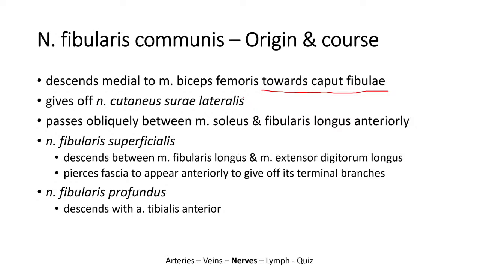Again, we just discussed it. This is the one that will receive nervus cutaneus surae medialis from the tibial nerve to form the sural nerve. But the common fibular nerve will pass obliquely between musculus soleus and musculus fibularis longus anteriorly, and I want to show it to you because it's nicely visible.